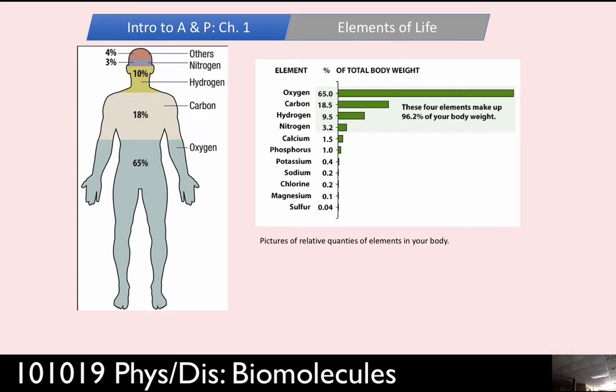So if hydrogen is about 10% and oxygen is about 65%, but in water there would be two hydrogens for every oxygen, which means there'd be about 2 AMUs of hydrogen to every 16 AMUs of oxygen. That would be a 1:8 ratio. This is not 1:8. This is 1:6, right? 1:7 maybe.